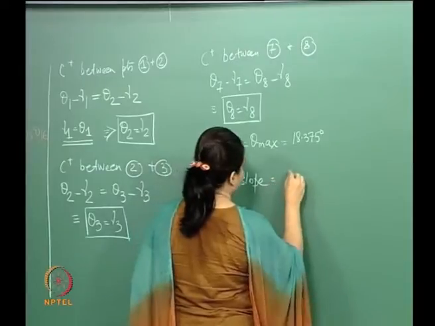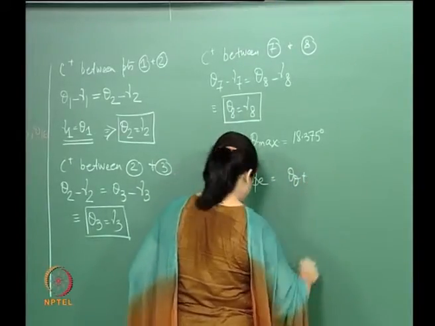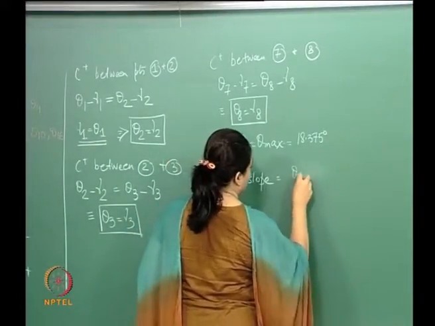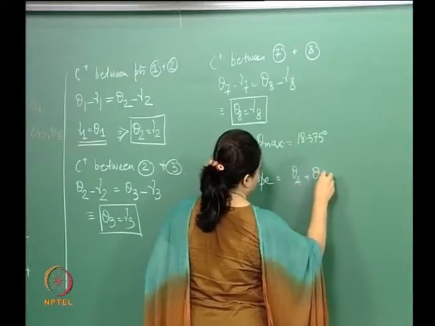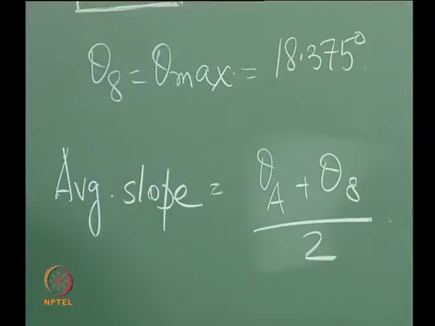So the average slope is theta 8, or say theta A, which is what one can calculate from here.